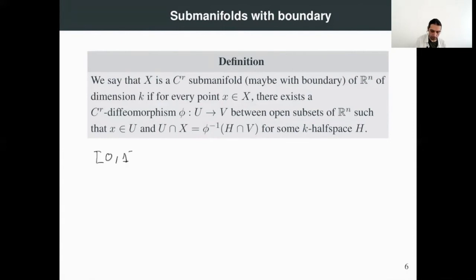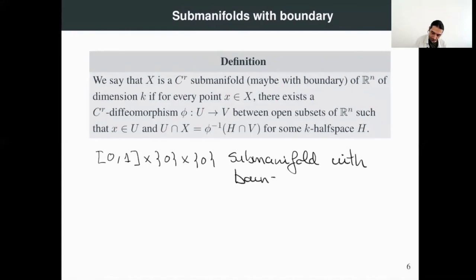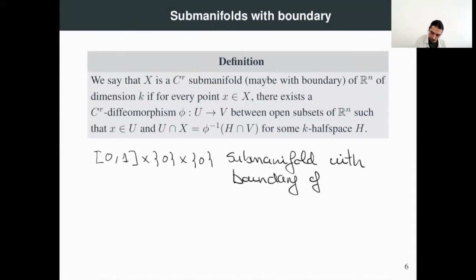Let's see an example. Consider the product of the closed interval [0,1] with a singleton consisting of 0 twice. Okay, and this is going to be a submanifold with boundary of R^3, right?